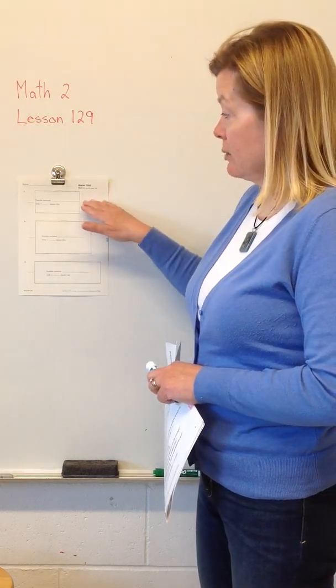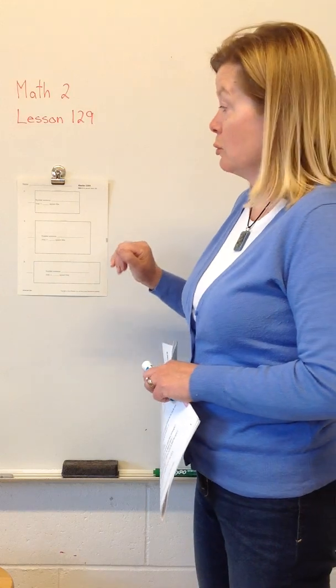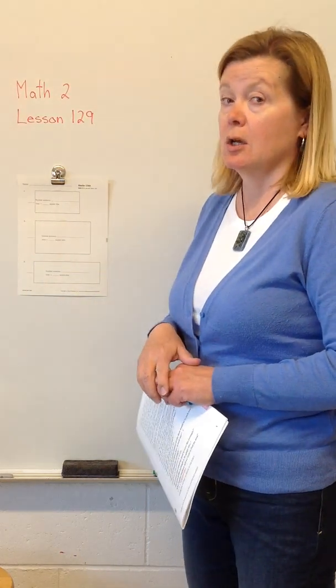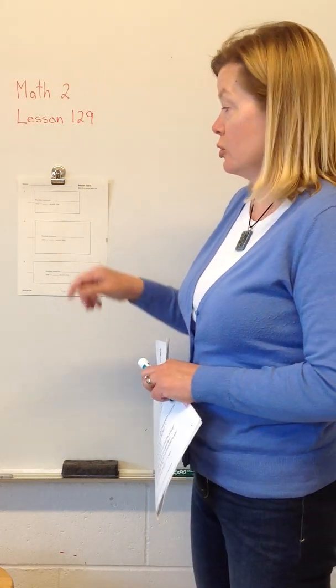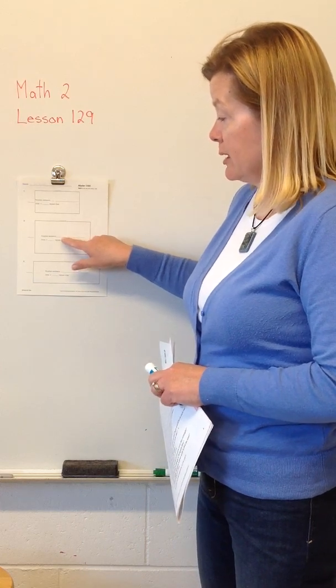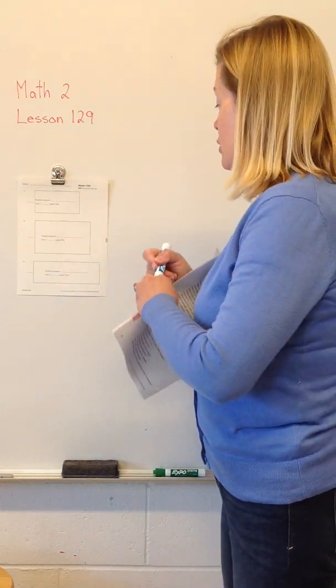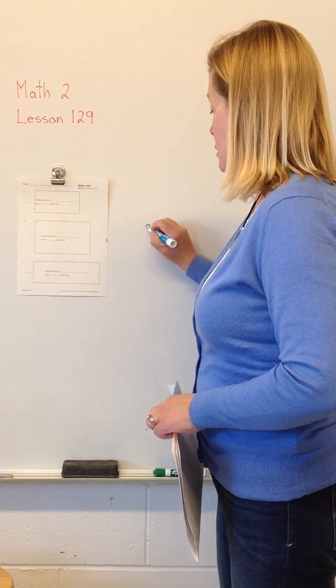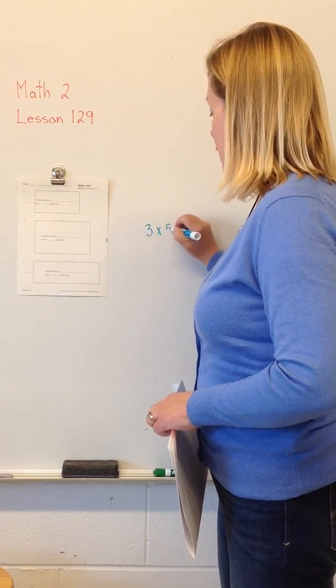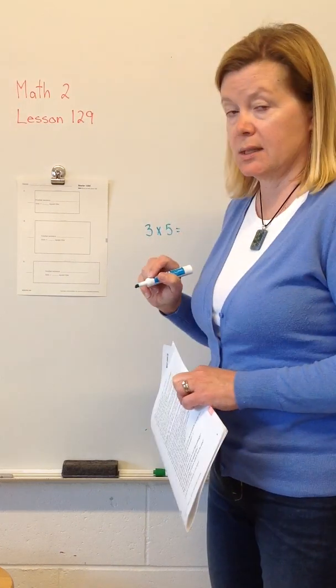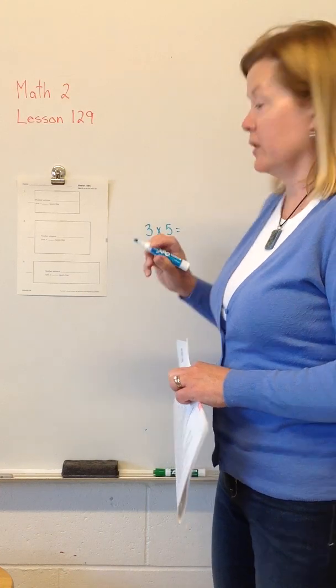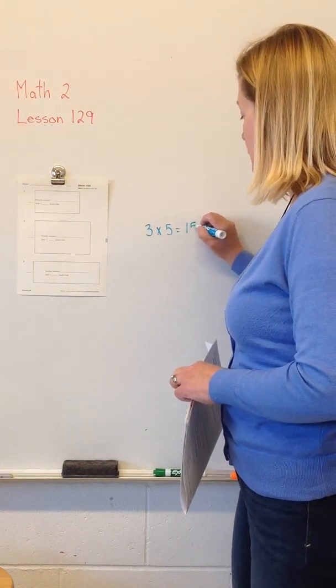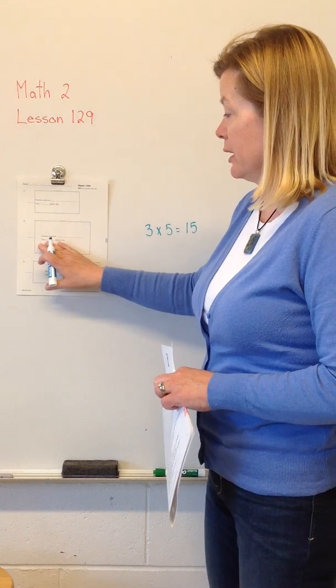And in the last rectangle, I forgot to tell you to move those tiles off of your rectangle so you can do your writing. So for your number sentence, you're going to write 3 times 5. What does that equal? 15. So then you're going to fill in the blank.